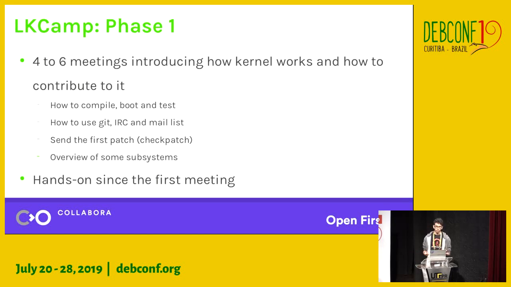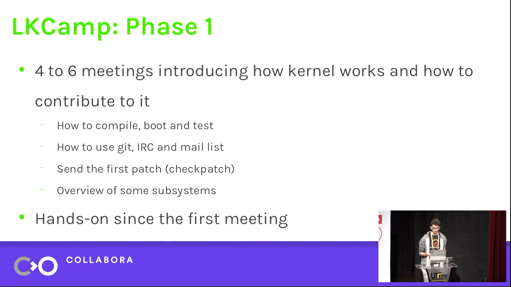People will compile the kernel, boot it, and test it. People will learn how to use Git, IRC, and mailing lists. People will send their first patch, like solving a coding style issue or a typo. And also, people will have an overview of some subsystem.